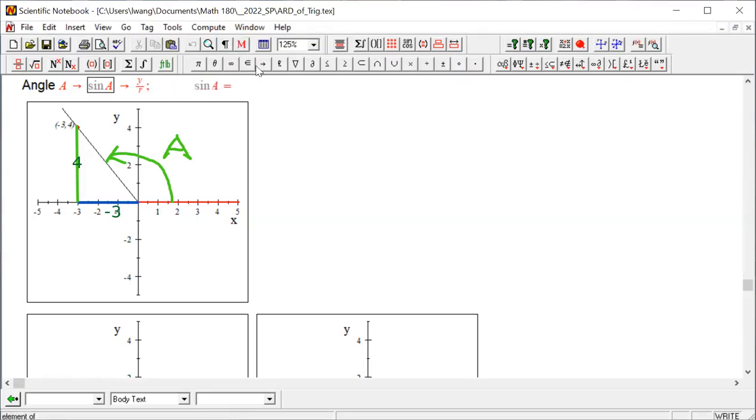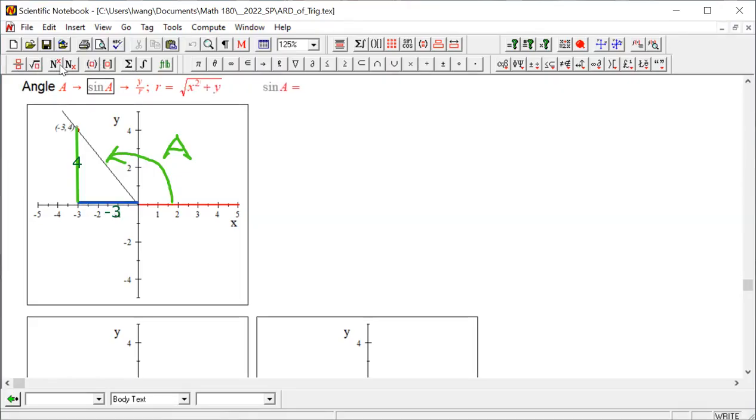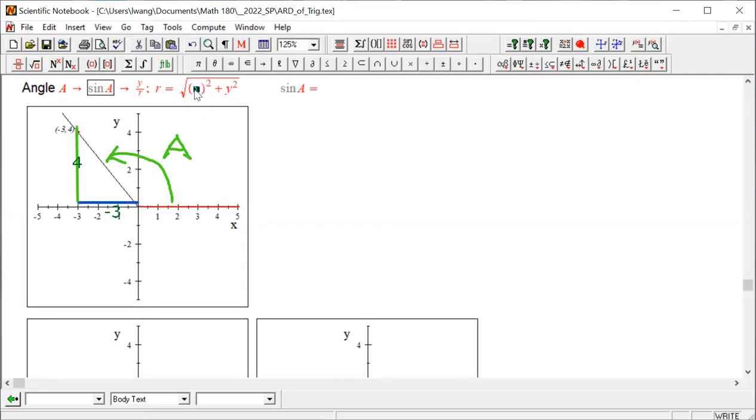What is r? R is the square root, right? It's in the definition, x squared plus y squared. And what is our x squared? Our x is -3, and y is 4.